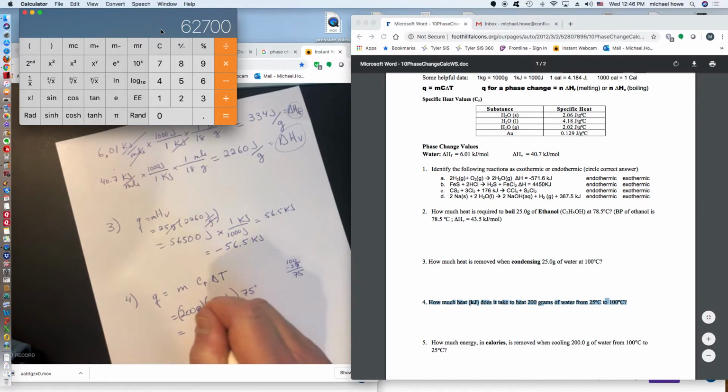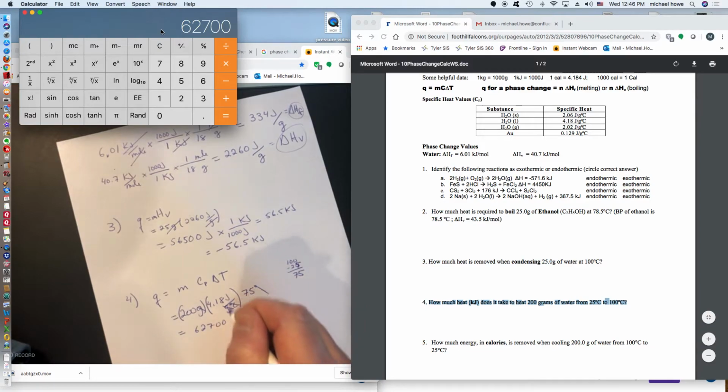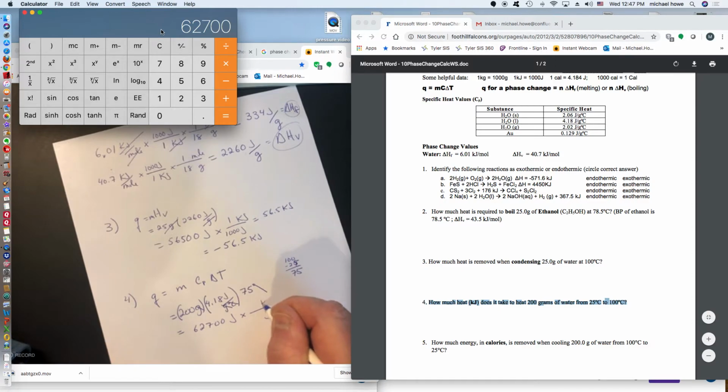See, grams cancel, degrees C cancels, and so you end up with joules. But that's a kind of a big number, so we put it in kilojoules. 1 kilojoule, 1,000 joules. So it's 62.7 kilojoules.